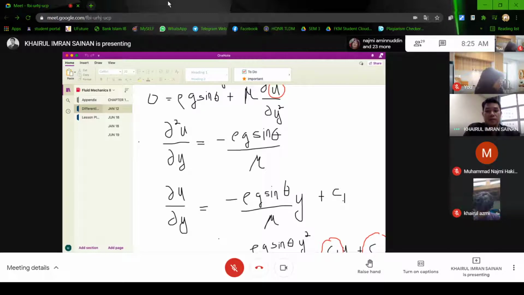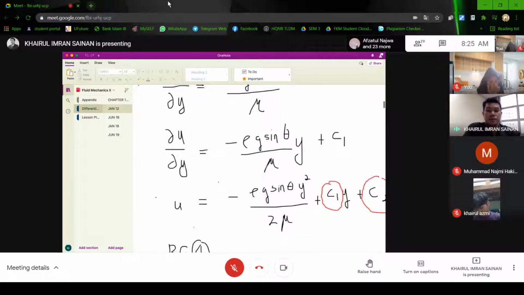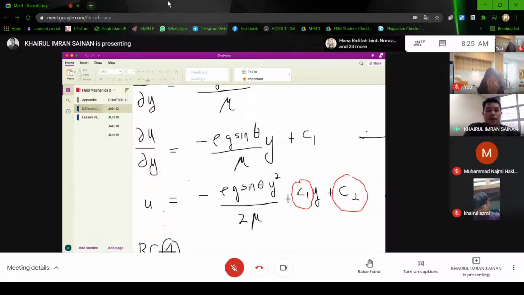Plus a constant, we put that as C1. Not yet, because we want u, so we need to integrate again, and it becomes this equation: u equals negative rho g sine theta y squared divided by 2 mu plus C1 y plus C2.